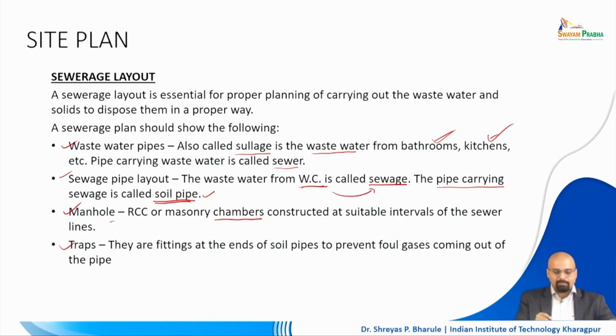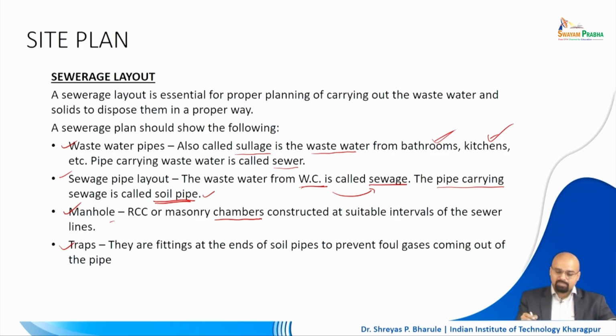Lastly, there are traps. Traps are basically fittings at the end of soil pipes. Particularly in your toilet connections or water closet connections, you will see a P trap or an S trap, right. That traps waste from coming back, and it also helps you siphon the waste effectively.